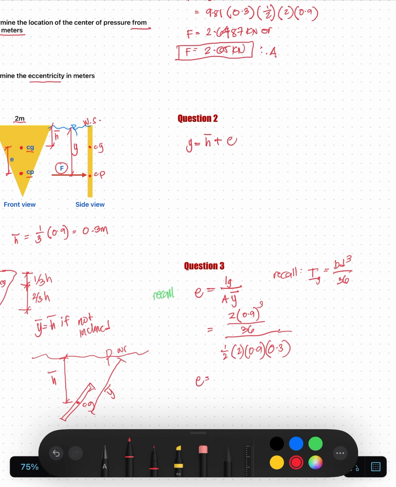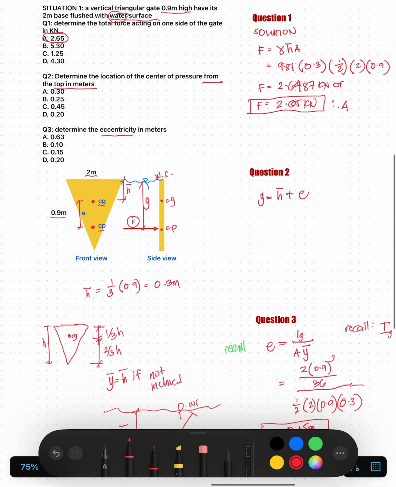So our eccentricity therefore is equal to 2 times 0.9 cube over 36 over 1/2 times 2 times 0.9 times 0.3. So our eccentricity is 0.15 meters. So for part 3, that is letter C.